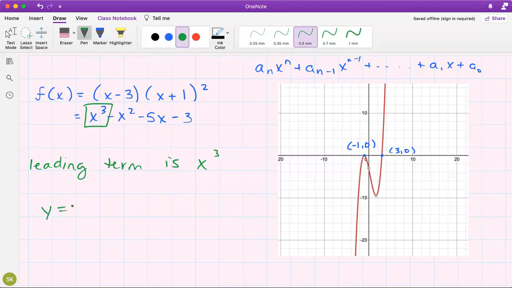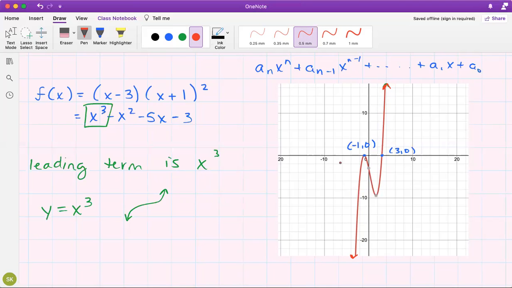So the power function y is equal to x cubed, remember, that looks like this. We have an odd power, and the number in the front is 1, which is bigger than 0. So it just looks like this x cubed function. Notice that on the ends, right here and down here, this kind of looks like x cubed, except for in the middle.